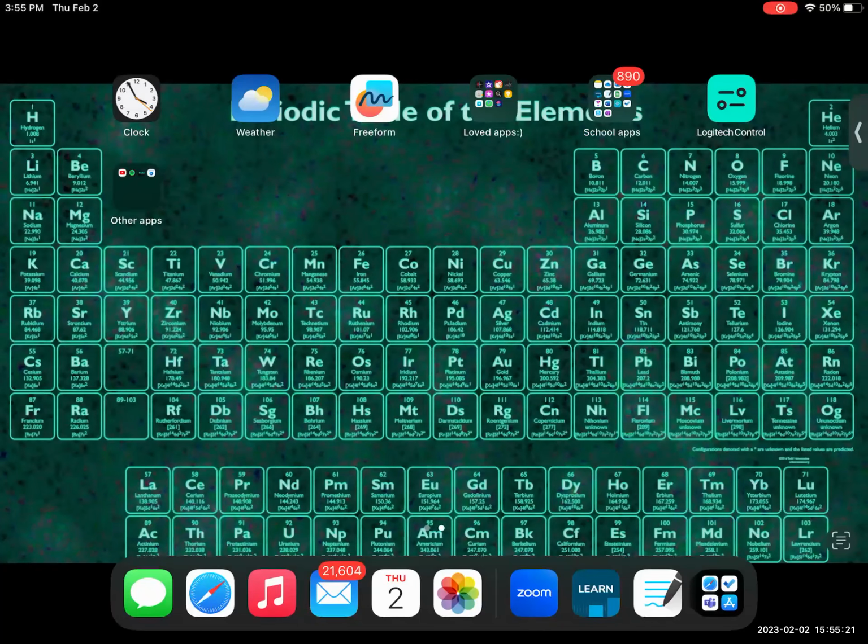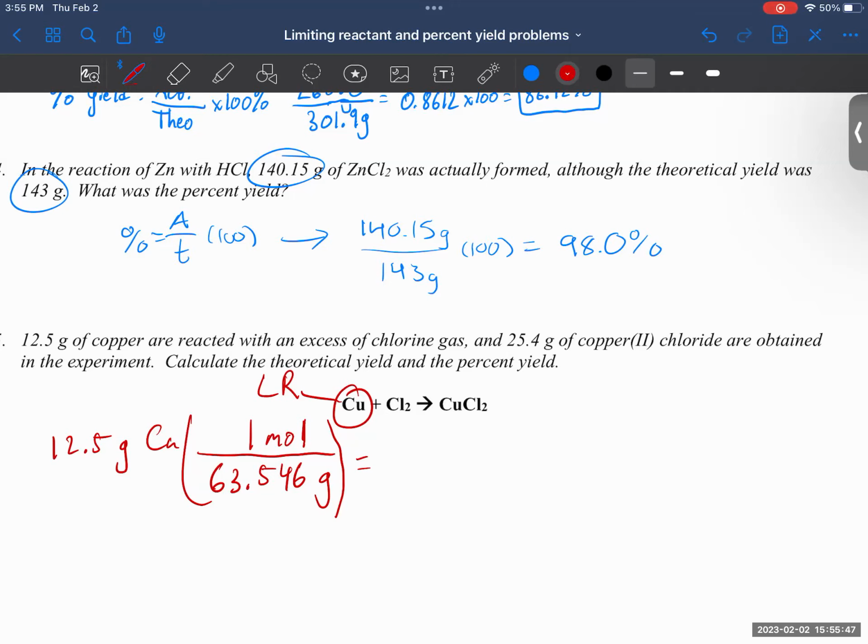The nice thing about this is it's a 1-to-1 ratio, so however many moles of copper we have is also the amount of moles of copper 2 chloride. So 12.5 divided by 63.546 gives 0.1967 moles of copper 2 chloride.